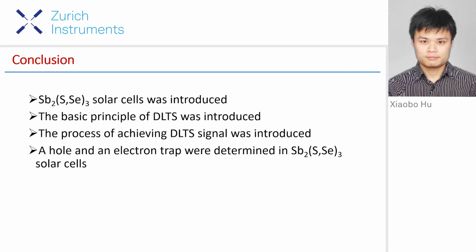And finally, by using the DLTS to study the SbSe solar cells, we find a hole and an electron trap, and we can get some difference of defect properties for different samples.